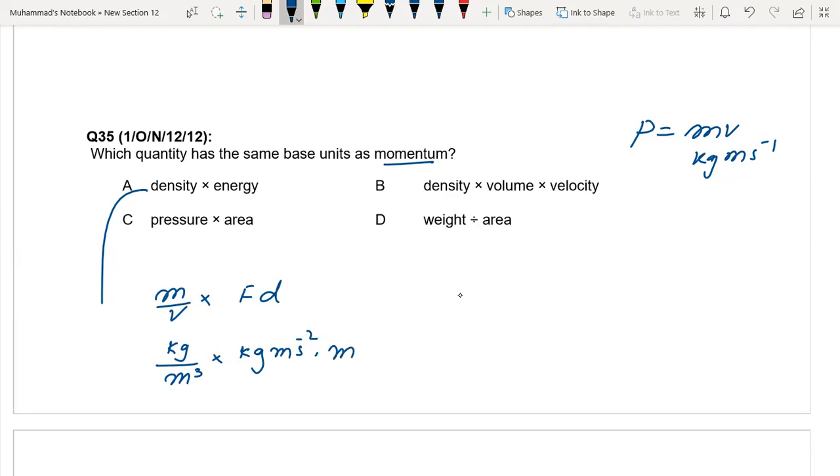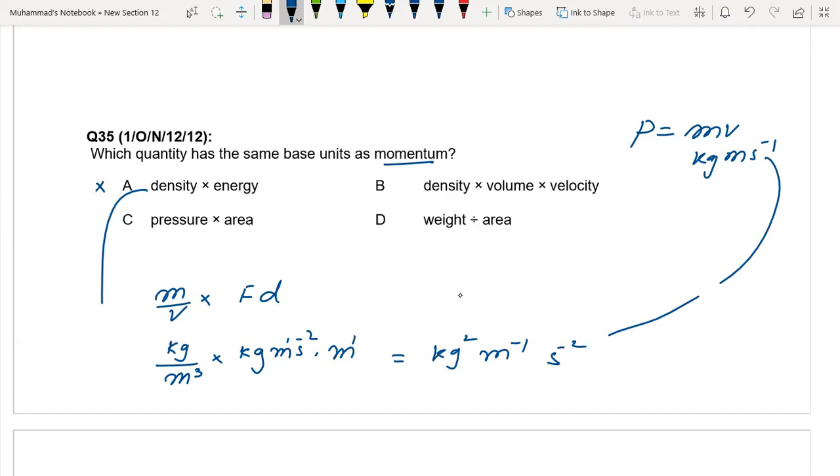So that is kg square m power 2, and this will go up, that will make it m minus 1 and s minus 2. So this is not equivalent to this, so we will reject this A. 35 A is incorrect.